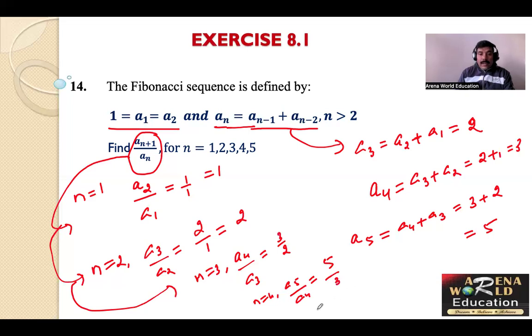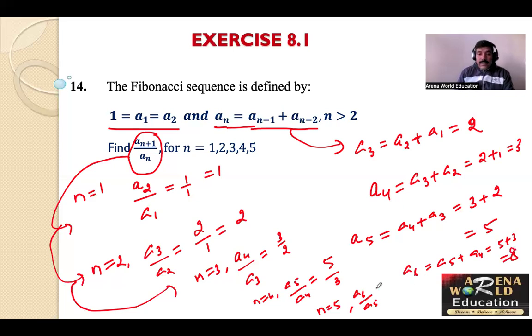So now n equal to 5, a6 upon a5. So one term is left. a6 is what? a5 plus a4, right? So a5 plus a4 is 5 plus 3, 8, right?